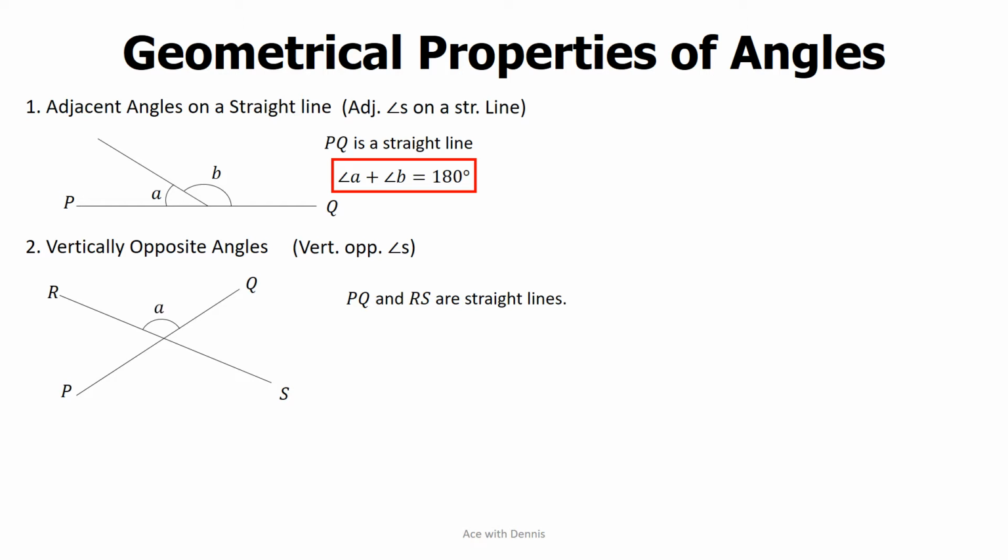We label this angle as A, this angle as B. From here, angle A equals angle B. Similarly, we can label this angle as C and this angle as D. Hence, we can also say that angle C equals angle D.